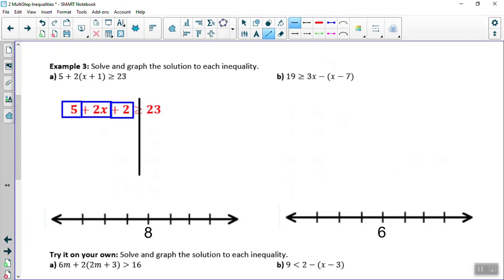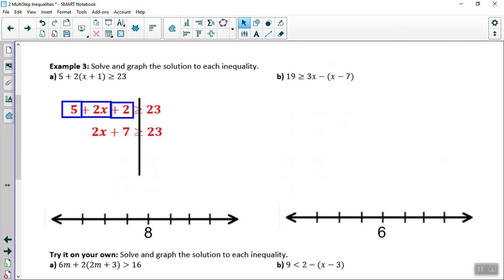So when we look at the left side, my like terms are the constants, the 5 and the plus 2. The 2x is by himself as a variable term, so I'm only going to combine my 5 and the 2. When I do that, I get 2x plus 7 greater than or equal to 23.